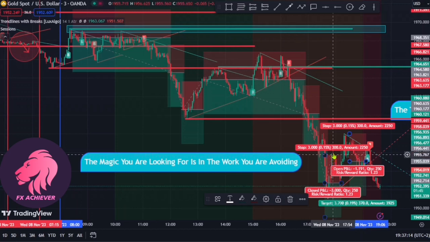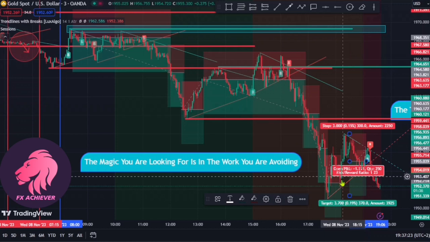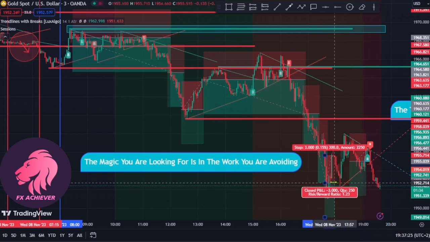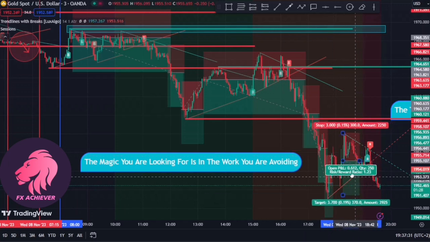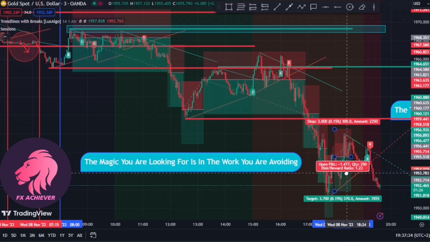And as soon as I see the red one, after my trade gets stopped out, I immediately look for the green closure of the red candlestick, and then I place my entry immediately.